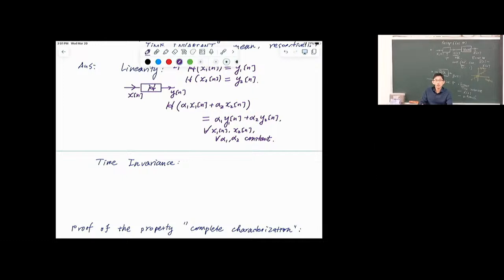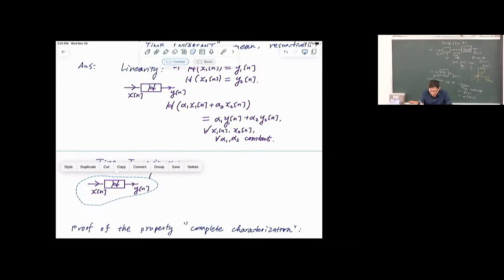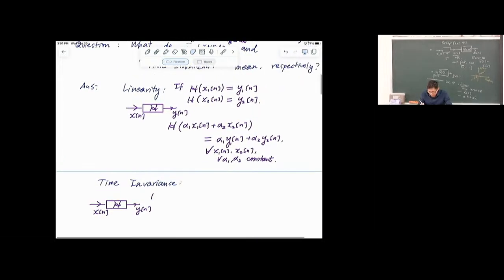So then how do we write it down? How do we write down this mathematical property in our notation? With this same convention, still input being x, output being y.